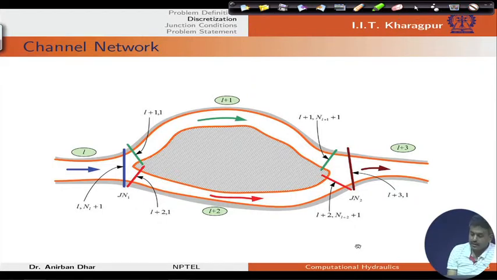In this case we can have multiple channel junctions. So, if we have another junction in the downstream portion, we need to specify both continuity and energy conditions.